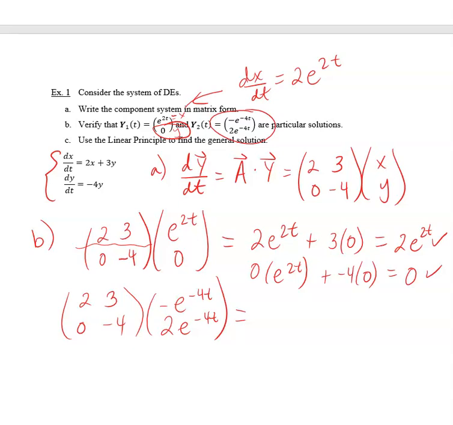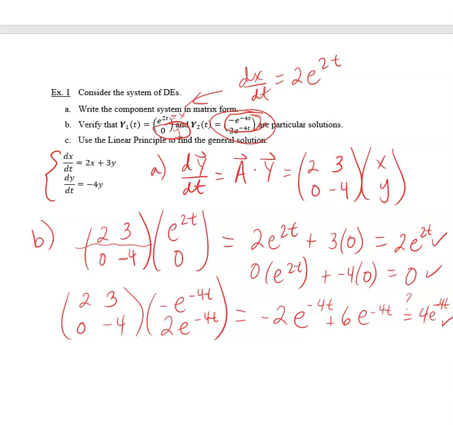So that would give me -2e^(-4t) and then plus 6e^(-4t). And the question is, does that in fact equal dx/dt for this expression? Well, a little chain rule there, that would be a positive 4e^(-4t). And you'll notice that, in fact, those are equal. So that is a solution.